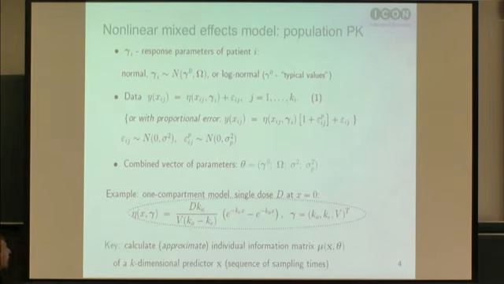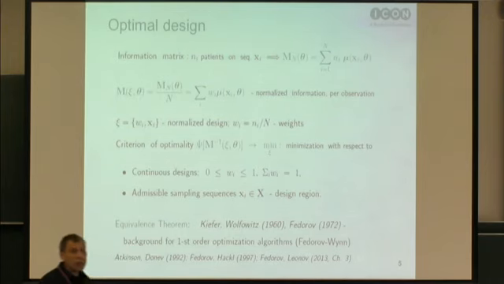So, the key for doing design and for doing estimation is to calculate or approximate the individual information matrix which corresponds to a particular patient. And the design points here are k-dimensional predictors, which are sequences of sampling times. If we know how to calculate the information matrix, everything actually is very simple.